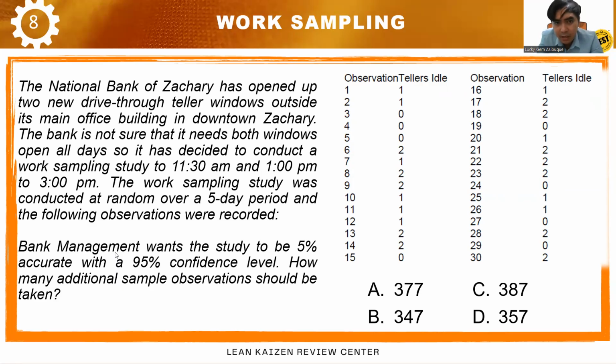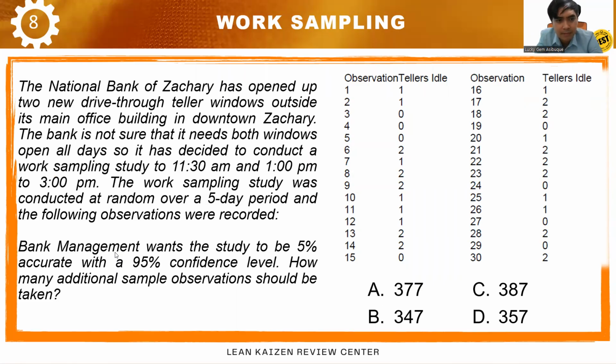So here are the given: the number of observations, which is up to 30, and the number of tellers idle. It is 1 or 2 or 0. 1 means one teller is idle. 2 means 2 tellers are idle. And 0 means both tellers are productive, they are not idle.